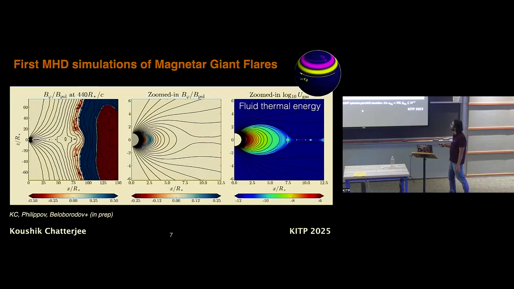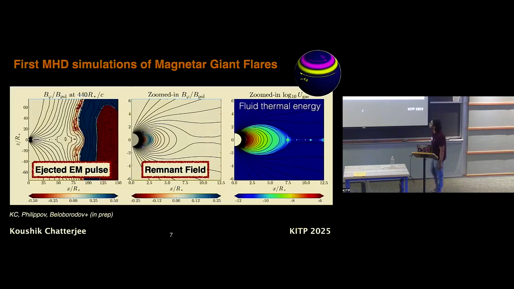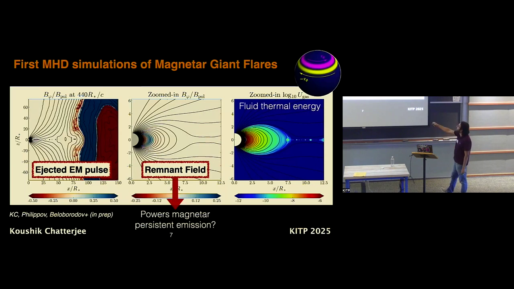Right. So that's the ejected electromagnetic pulse that we saw before from Mahlmann et al., as well as from Yuan et al. This also carries energies of around 10 to the 46 ergs. This is the remnant field that stays in the inner magnetosphere after the giant flare has erupted out and the magnetosphere starts closing back in.